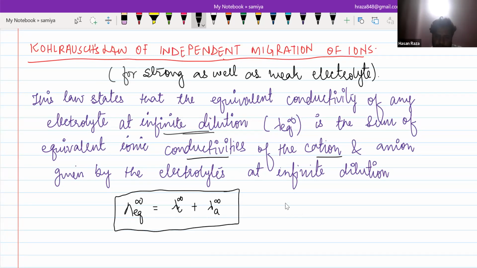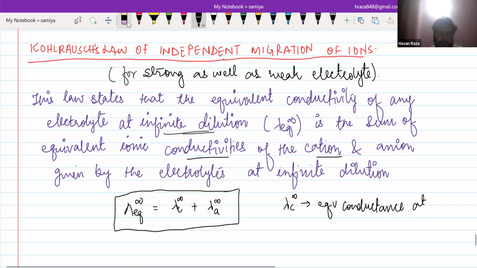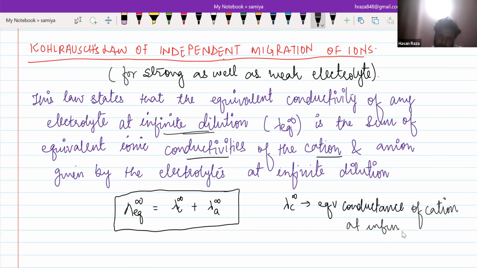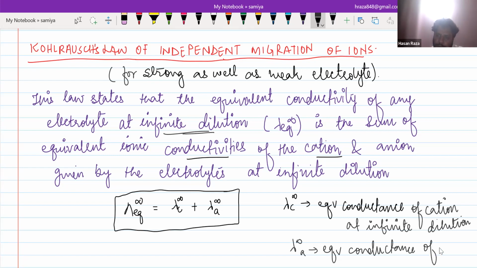Lambda C infinity means equivalent conductance of cation at infinite dilution, and lambda infinity A means equivalent conductance of anion at infinite dilution.